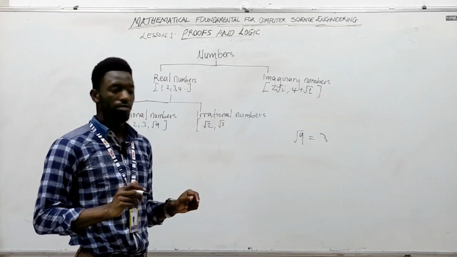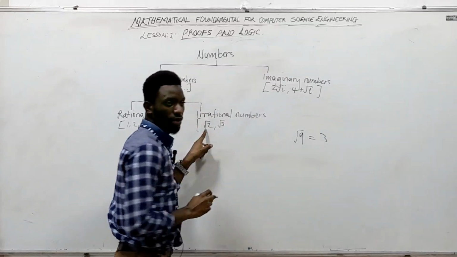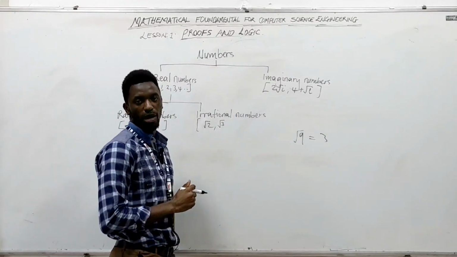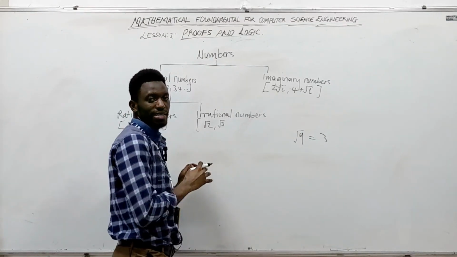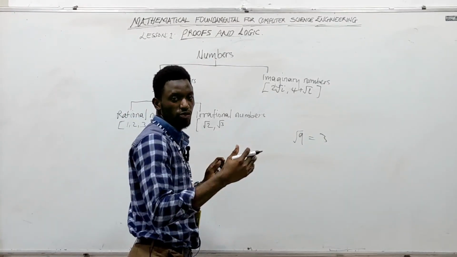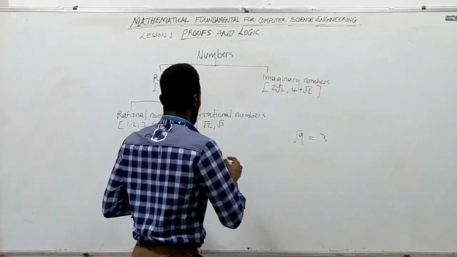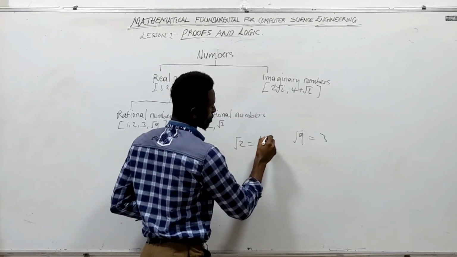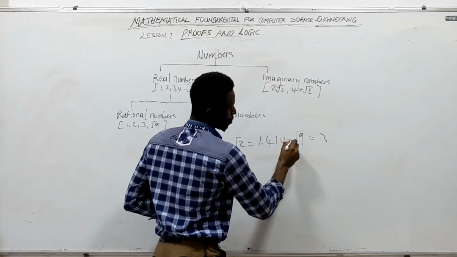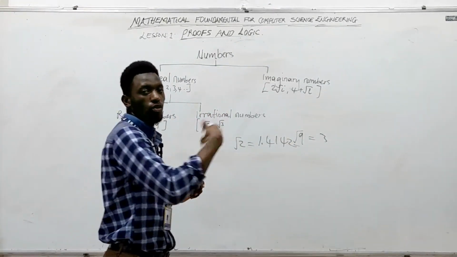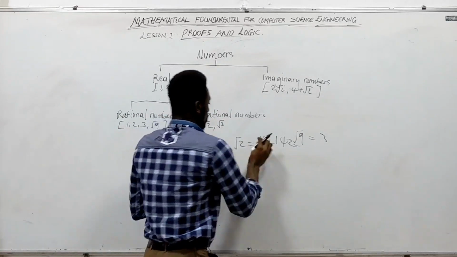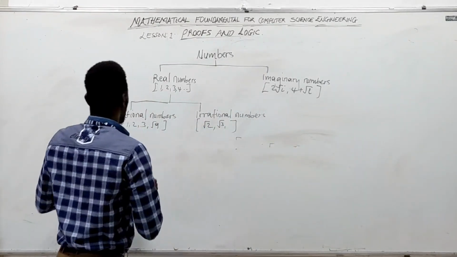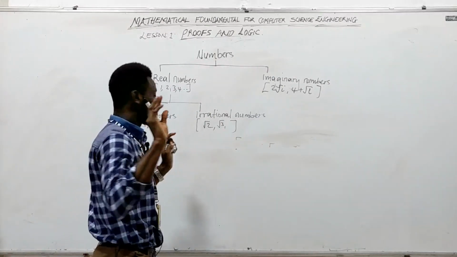But for irrational numbers, for an example here, you can see root 2. This root 2 will not give you a whole number. It will not end immediately. It will give you floating point values, 1.4142 something. So you can see it continues.